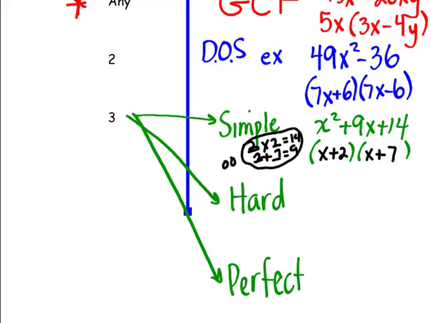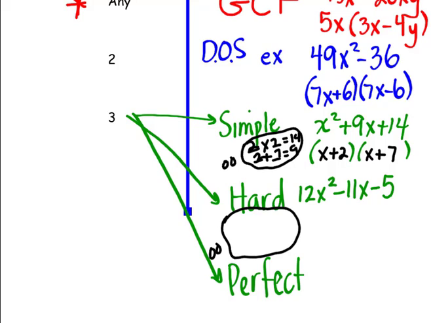An example of a hard trinomial is if I have a number out front, so 12x squared minus 11x minus 5. With a hard trinomial, I start off the same way as the simple trinomial. I say what 2 numbers multiply, what 2 numbers add up.